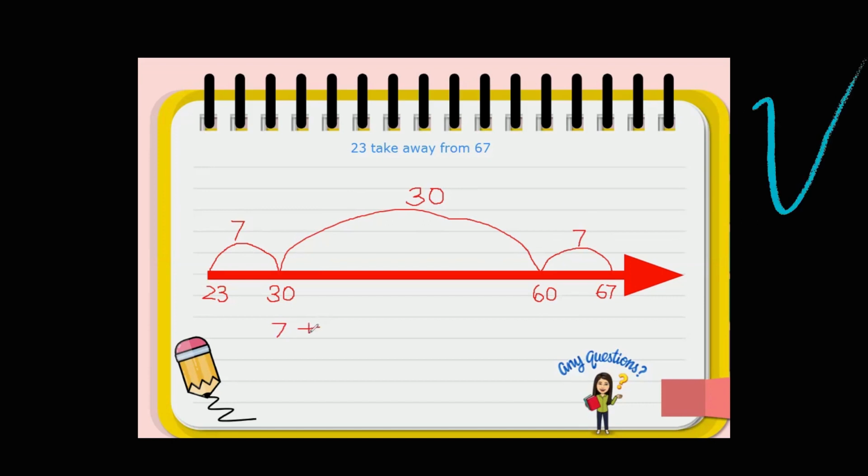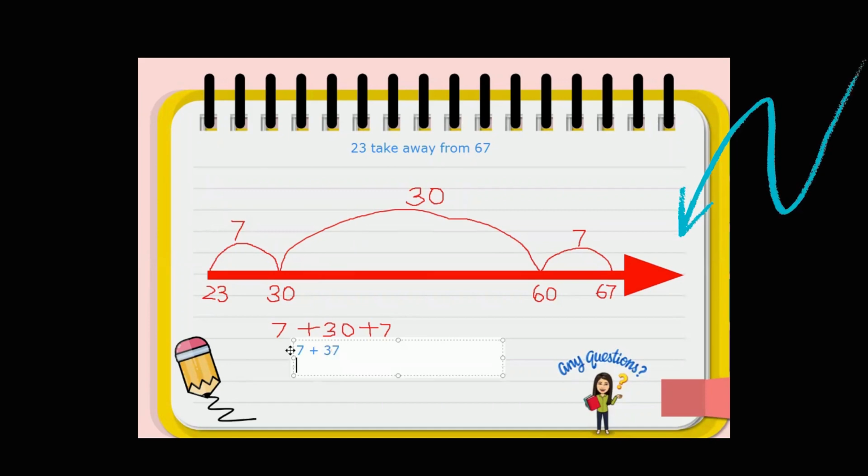So 7 plus 30 plus another 7 would be, let me take another tool for writing. Text tool would be better. Okay, so we can say 7 plus 30 plus 7, which is 37 plus 7.